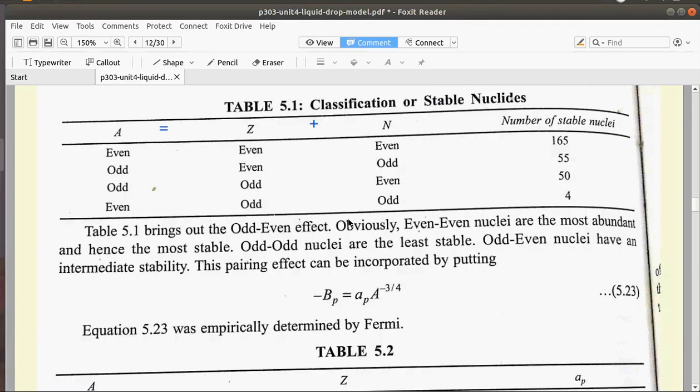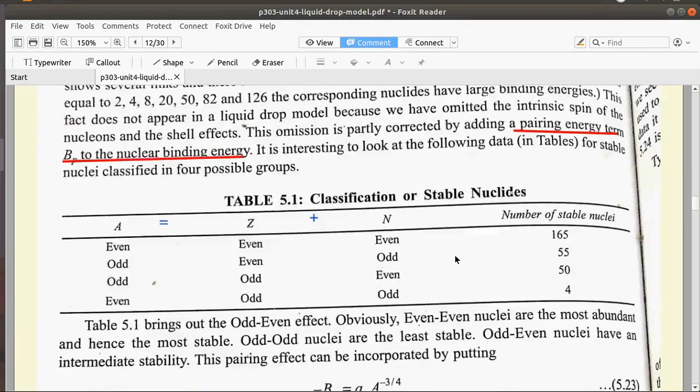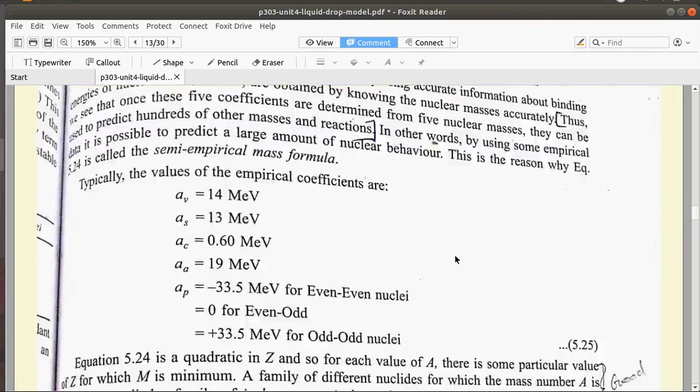So basically this is the odd-even effect. I think time is up. Just a minute. So basically we will consider the pairing term, the odd-even term.